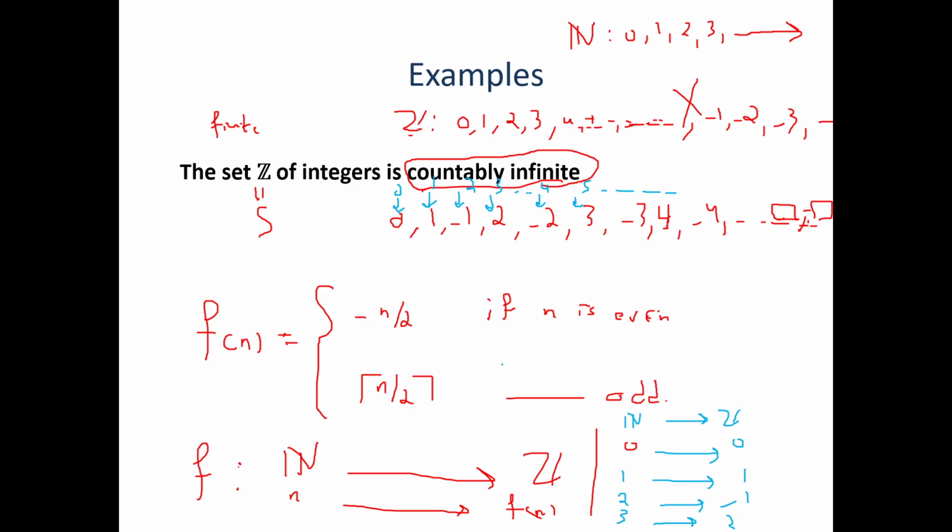Obviously every number in Z is going to be represented by some integer here, and no two natural numbers are going to point to the same element over there. Okay. So Z is countably infinite.